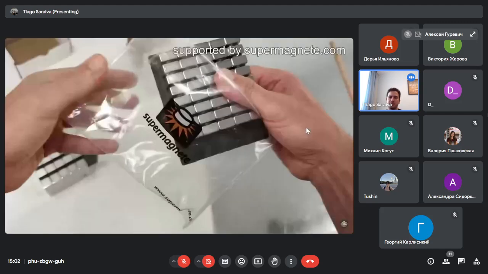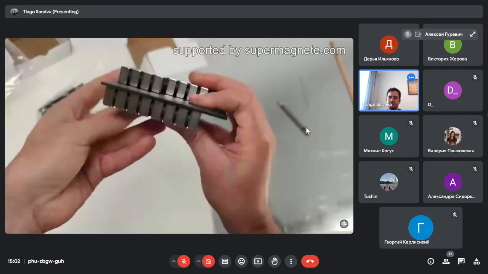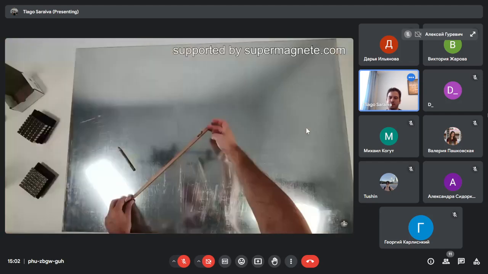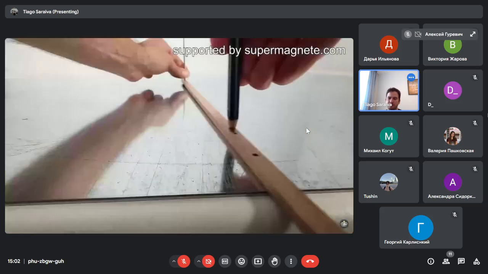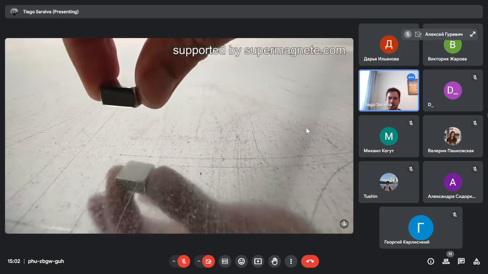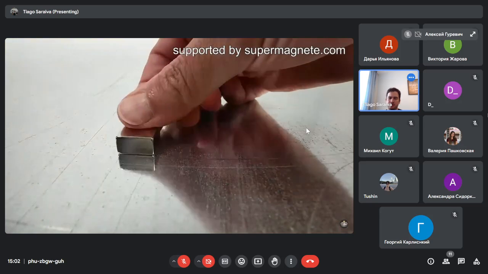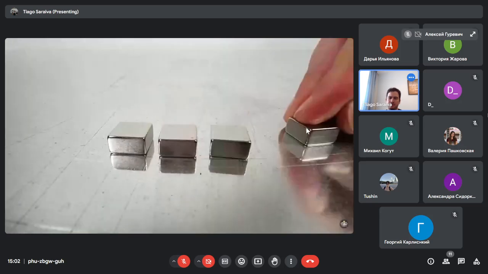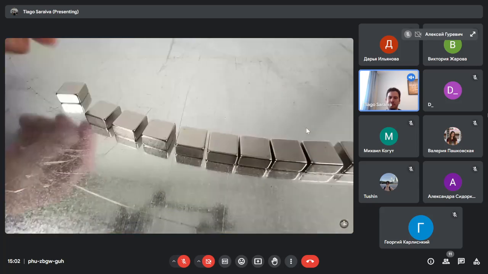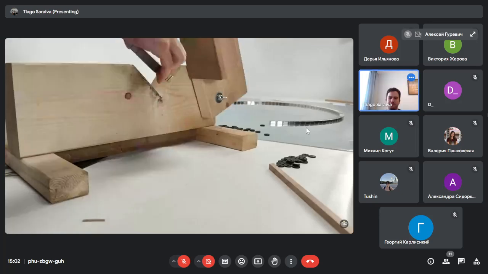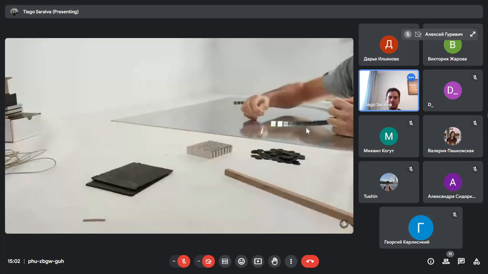This is the magnetic track. This is a metallic film. You see that it's a metal, right? Metal gets magnetized, right? It's a very cool experiment.